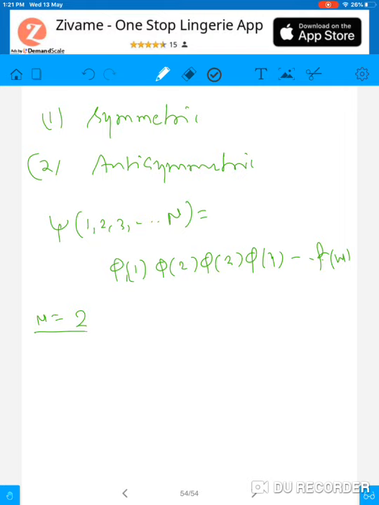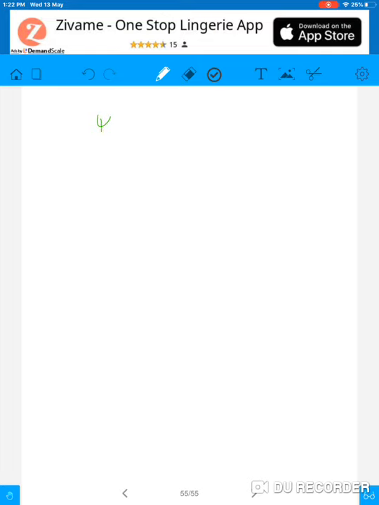Now because the particles are indistinguishable, this can be our wave function. But how do I know that this particle is in the first state and this particle is in the second state? Because my particles are identical in nature, if I cannot distinguish them, I can have a second possibility for the wave function. In the last case I assumed that the first particle is in A state and the second particle is in B state, but I don't know which one is the first particle and which one is the second.